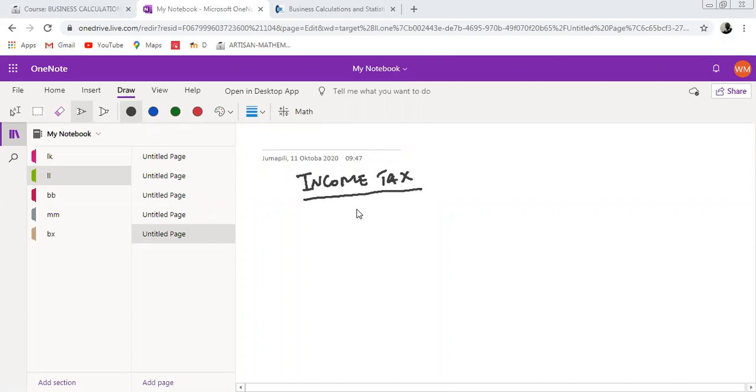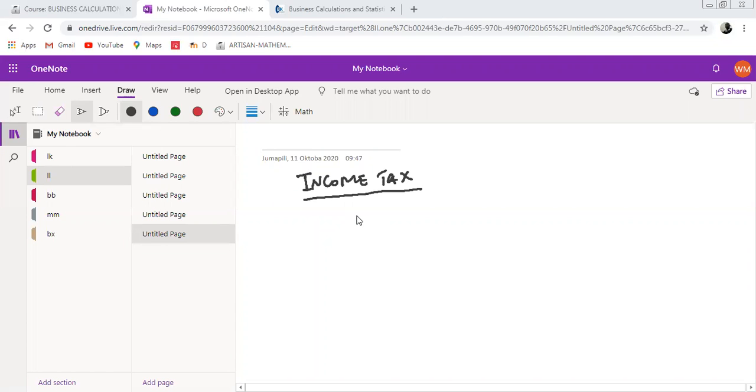Income tax, we are going to focus on the amount of tax that is normally remitted by consumers or individuals to the tax authority of that particular country. Like in Kenya, anyone who earns an income is supposed to pay tax to the government from that income.